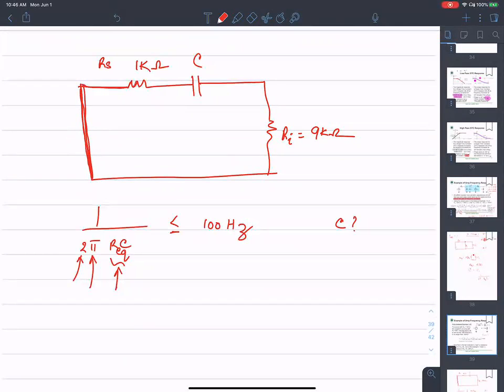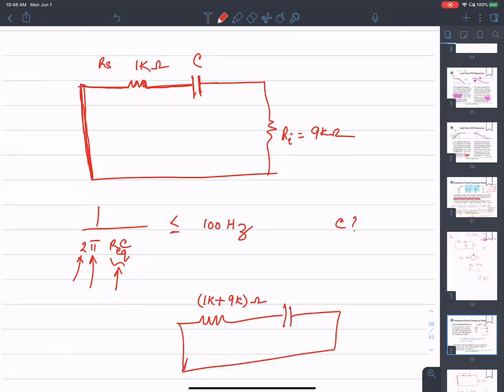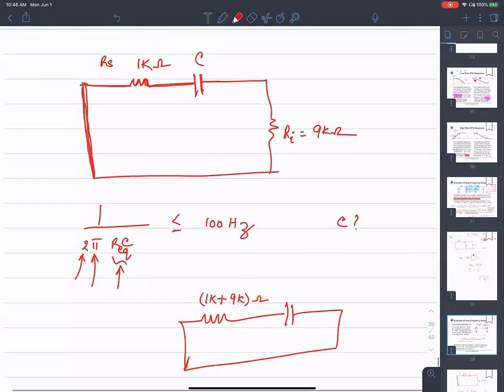Then we have a capacitance in series with two resistances: 1 kilo ohm in series with 9 kilo ohms, which gives 10 kilo ohms in series with the capacitance. So at that node, the total resistance seen by this capacitance is 10 kilo ohms.